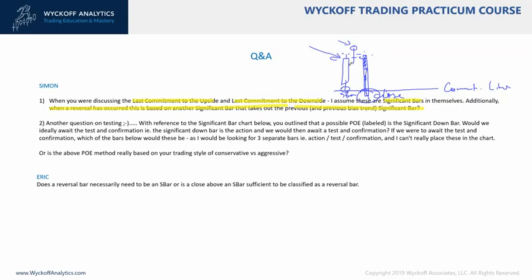What is happening here in terms of institutional presence and what do they do? On the way up, we see that professionals are still committing to the upside, and then after the reversal, we see that a lot of them have changed their bias and they sold.